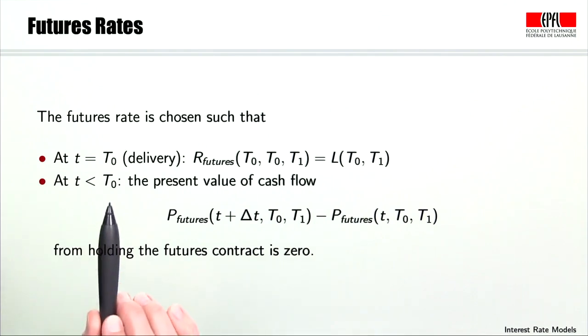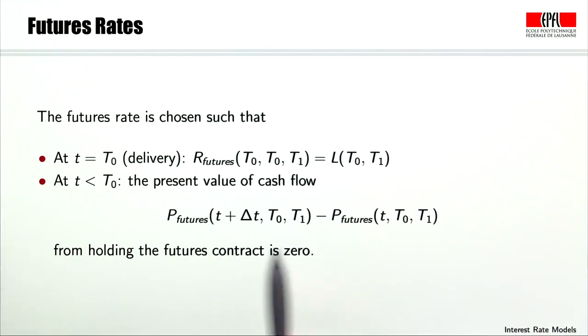At any earlier date, the present value of the cash flow in the future from holding the futures contract has to be equal to 0. These rules fix the futures rate, but there is no direct functional relationship between futures rates and zero coupon bonds, as is the case for forward rates.